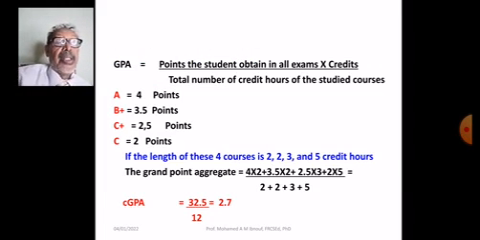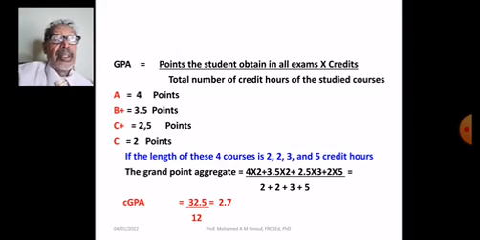For the grade point aggregate, we transfer the standards, the marks that the student gets, to letters A, B plus, B, C plus, C, and we change these to points, for example 3.5, 2.5, and 2.